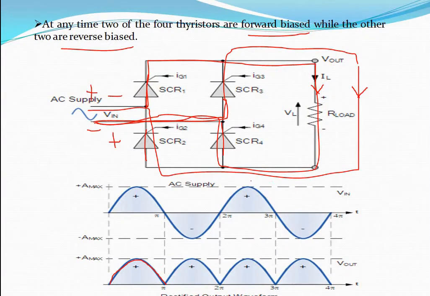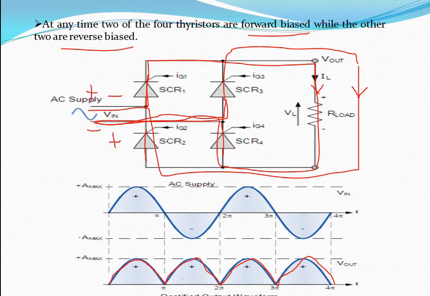So from pi to 2 pi we also get a positive half cycle at the output. In this way the cycle repeats and you get a continuous DC output voltage.